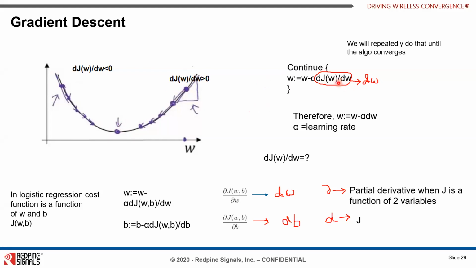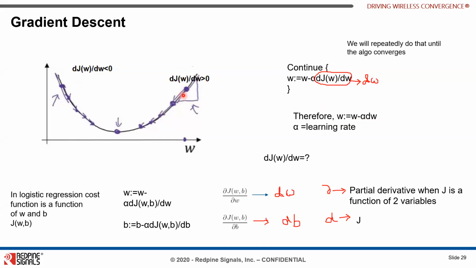So we need to compute the slope, and based on the value of the slope, we need to update W. Therefore W := W - alpha dW. Alpha is the learning rate. Learning rate here means, suppose you are at a point here and you need to jump to this point. How long you jump is determined by the learning rate.